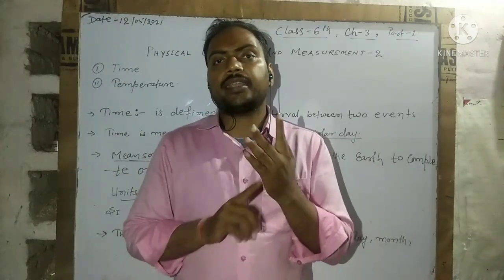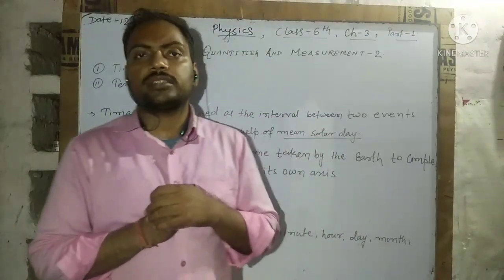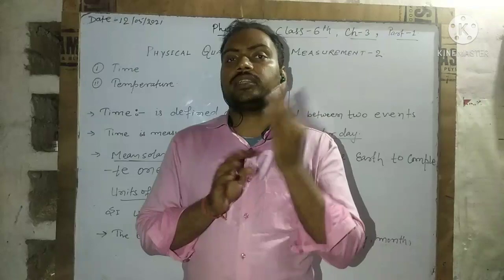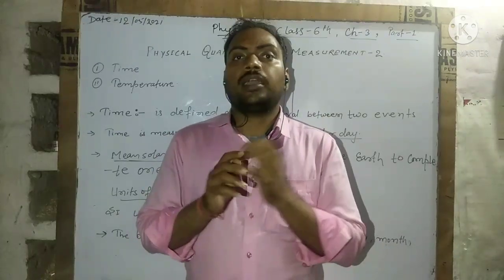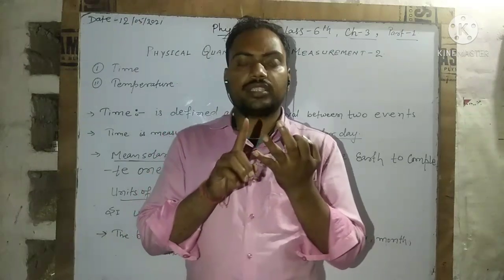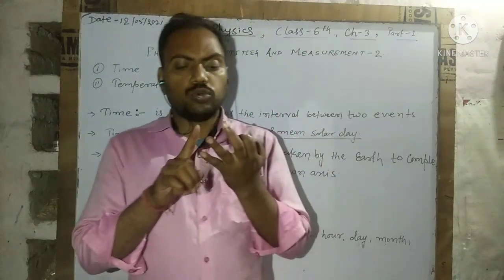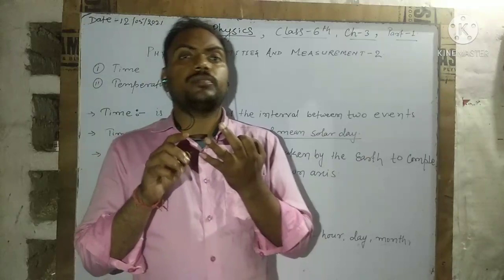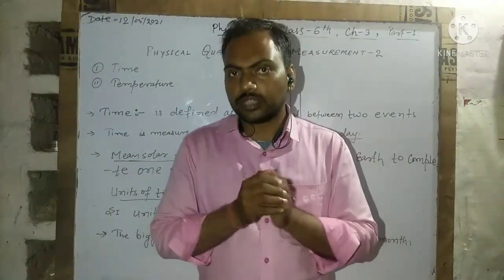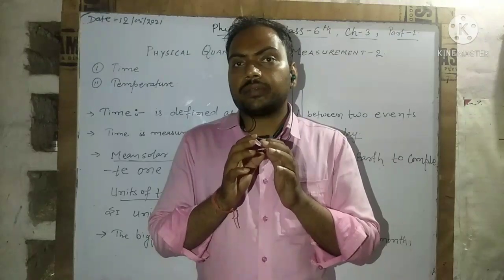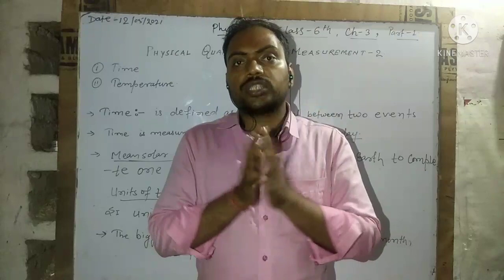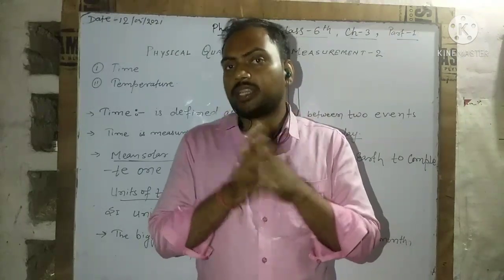In these three quantities we studied their definitions, units, how to measure, and what precautions should be taken during measurement. Basically we have to focus on the precautions during measurement.